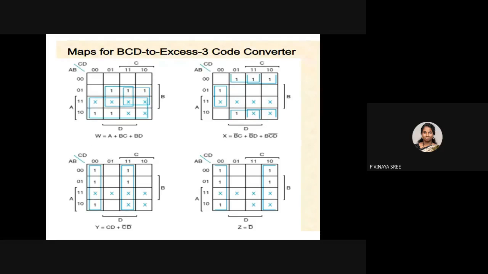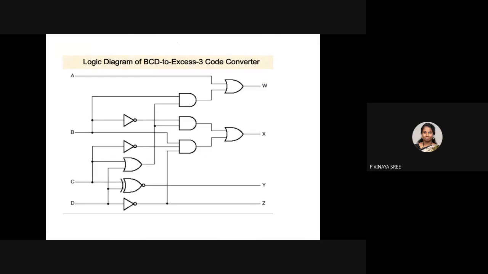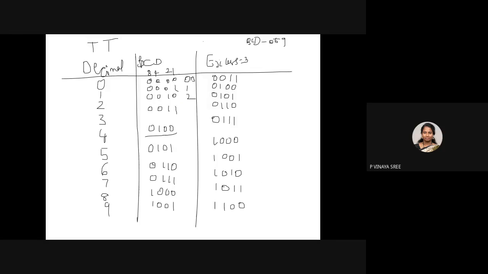So we have not done any simplification for this expression. Whatever is there in that expression, we have written the logic diagram. Okay, in this way also we can represent. That's the reason, don't get confused. This is the one which is there. So even in this way you can write. In this way also we can write.